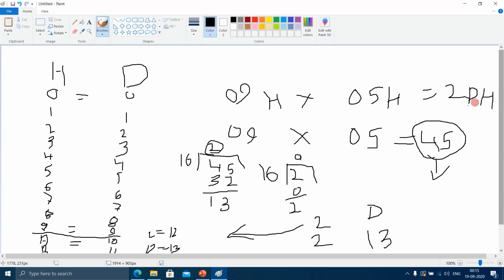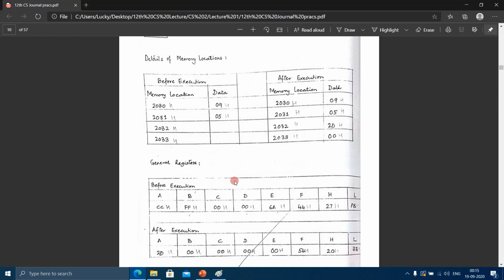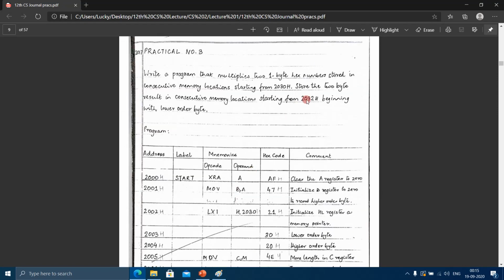Also we know that in hexadecimals each digit represents 4 bits. So this is 4 bits, this is 4 bits, total 8 bits, so 1 byte. But here it is given that we have to store a 2-byte result.